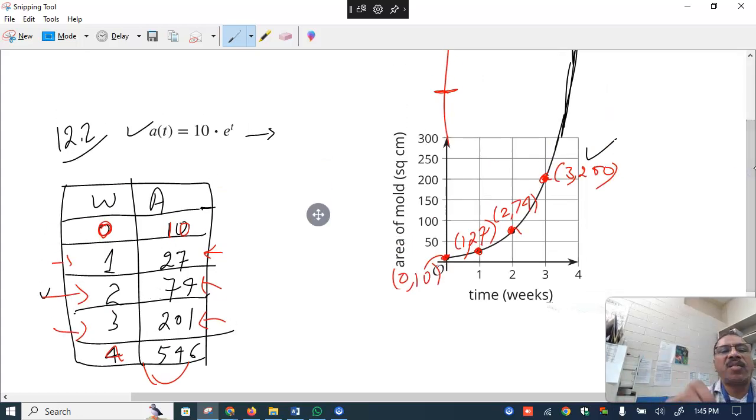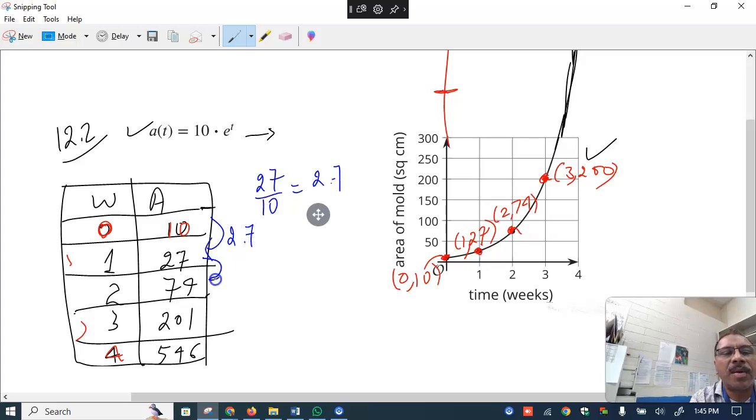Another thing you can notice is the growth factor, the factor that multiplies on your calculator. If you do 27 divided by 10, you get 2.7. So you multiply by 2.7. Again, if you do 74 divided by 27, I think it is something like 2.71.